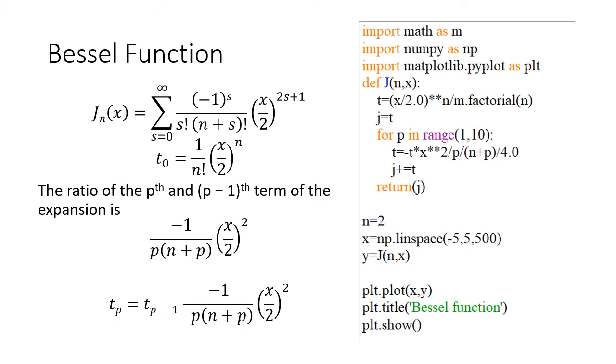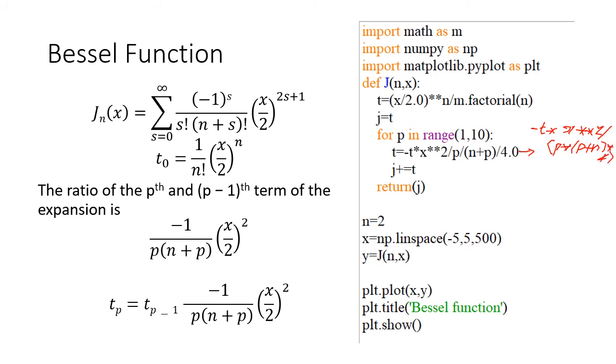Basically, alternately you may write this equation as negative t star x star star 2, then divided by the whole terms, this much terms, p star p plus n star 4.